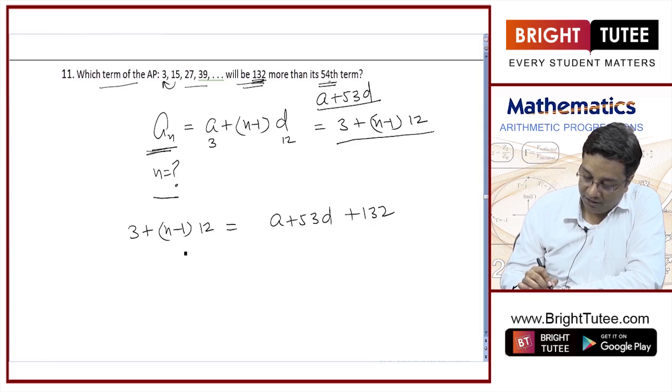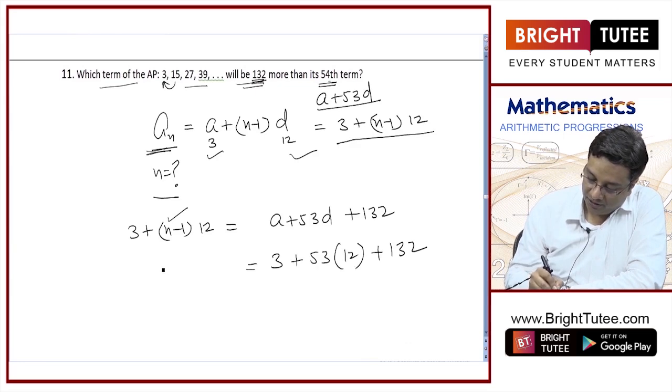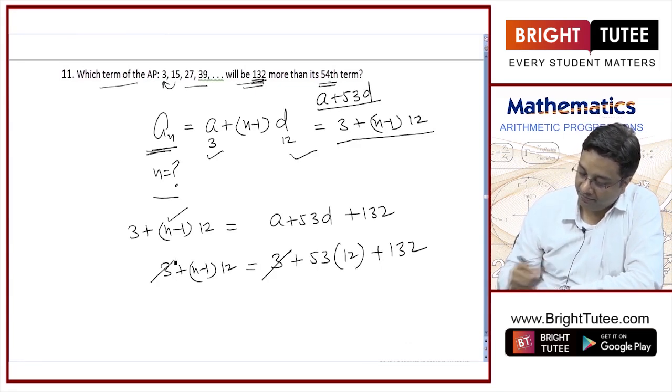So now just we need to find out n, and we have already found value of A and D. So A is 3 plus 53 into 12 plus 132 equals 3 plus n minus 1 into 12, right? 3 gets cancelled here.